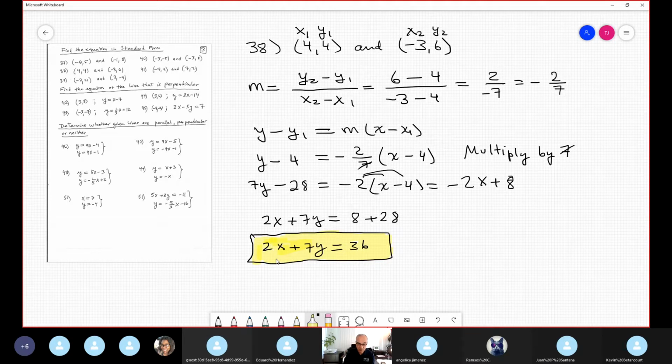Okay, so I propose you do a couple more of this example because it's easy. Let's do 40 and 41 because I can see that they are a little bit special.